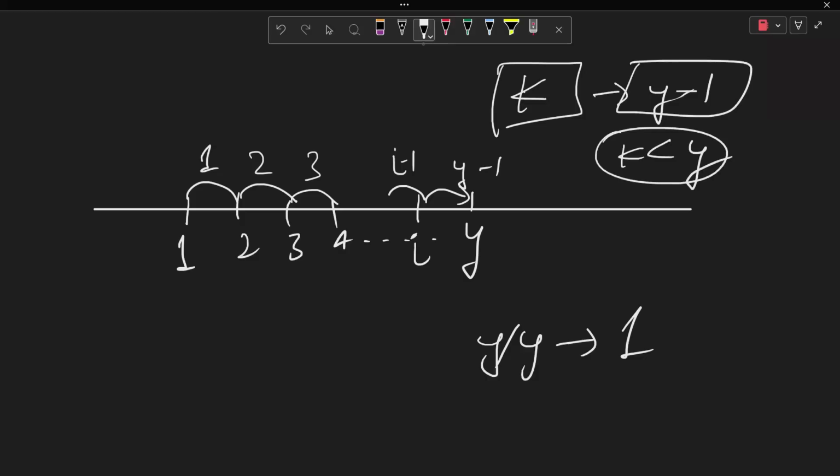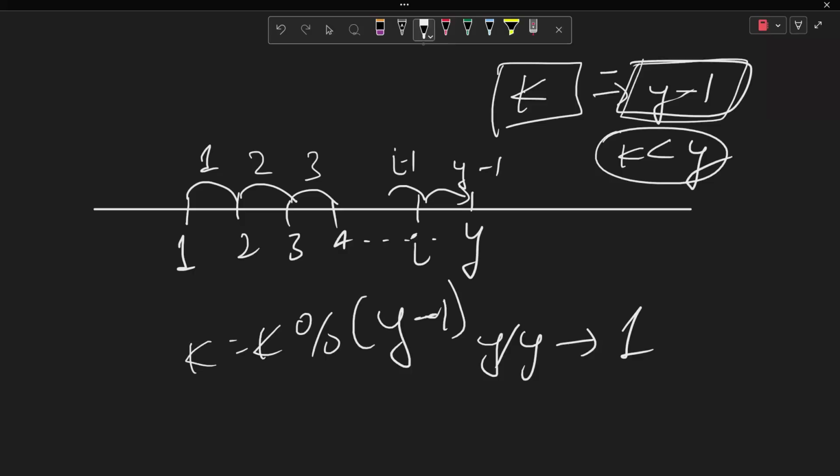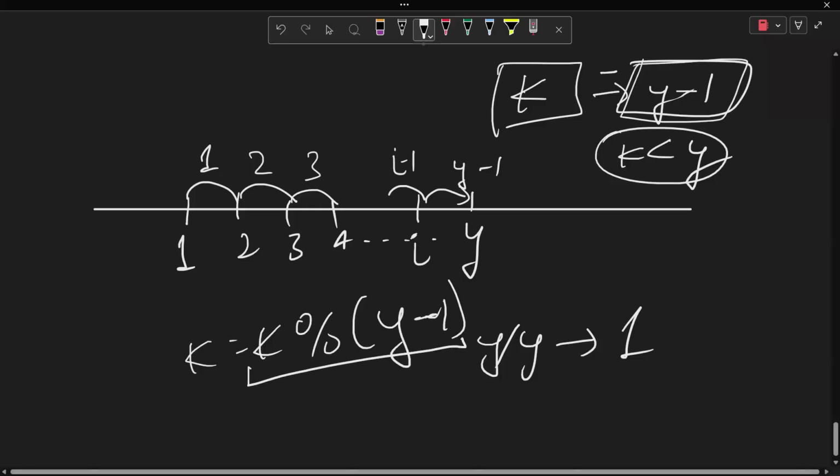Till the time you have k greater than y, you can just do k minus equal to y minus 1. So what you would get finally would be k equal to k modulo y minus 1. If you just keep reducing k by y minus 1, y minus 1, y minus 1 until it's less than y minus 1, you would get this thing only.